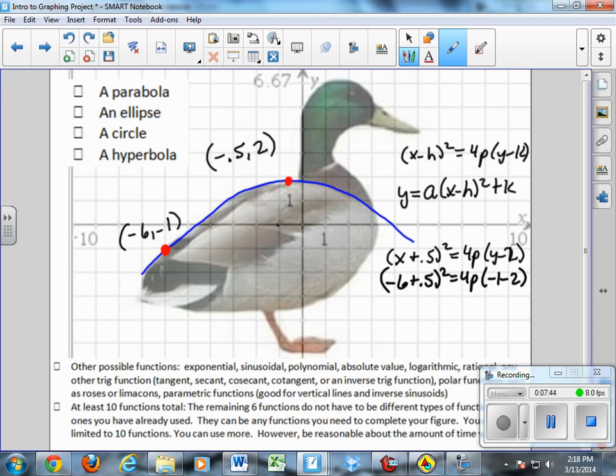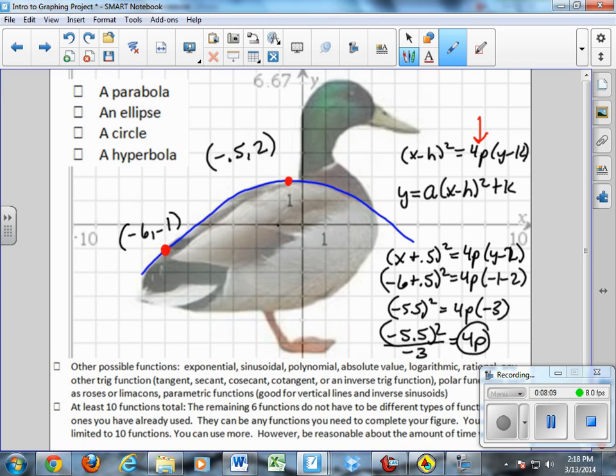Oh, I had to make this hard. So negative 5.5 squared is equal to whatever this number is times negative 3. So negative 5.5 squared divided by negative 3 is going to equal 4p. That's going to be the number that goes right here. And then I'll have my equation. Okay, so I can figure out what that number is.